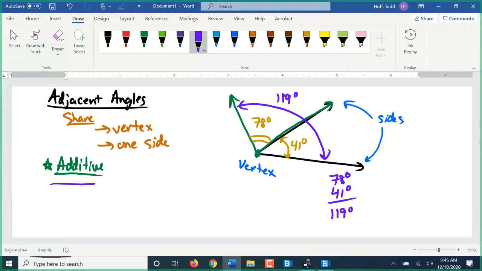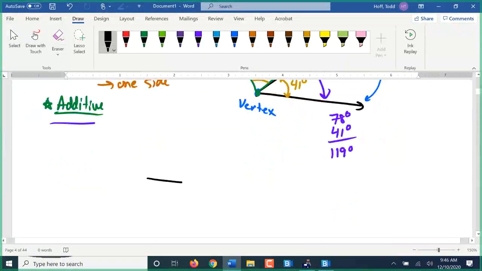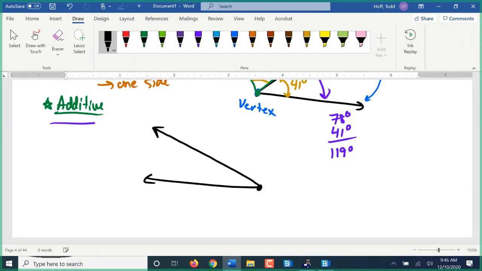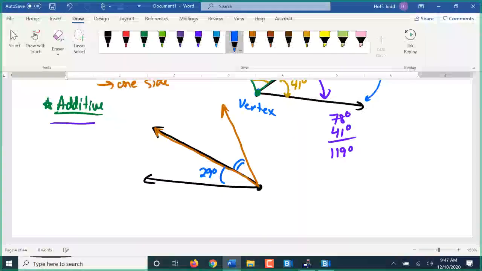Now, being able to add angles implies that we're also able to subtract angles. So if I have this initial angle, like that, and then I have a second angle, sharing a side and the vertex, if I know that this angle here is 29 degrees, and let's say that this bigger angle is what I'm looking at here.